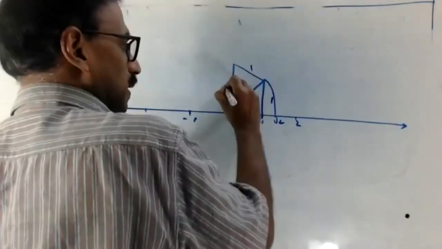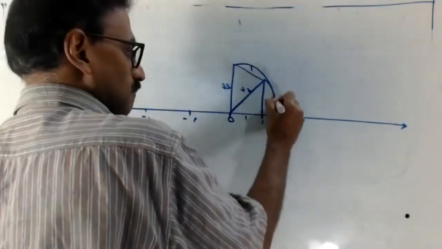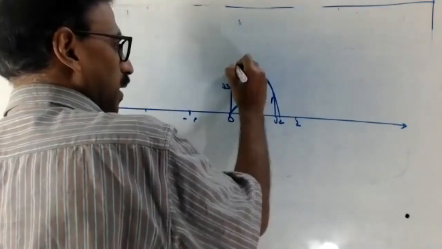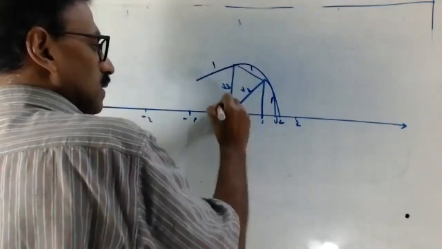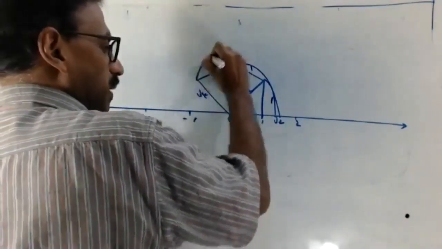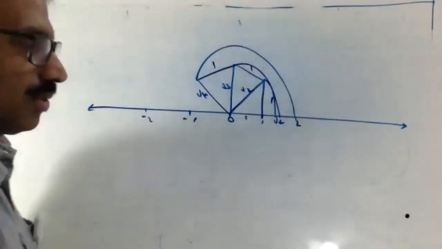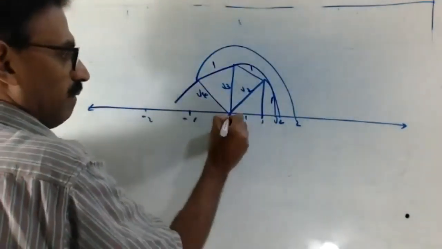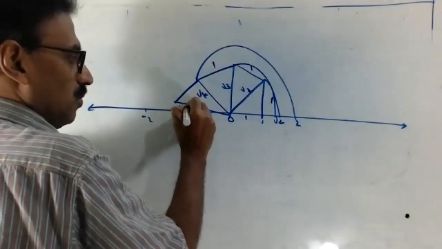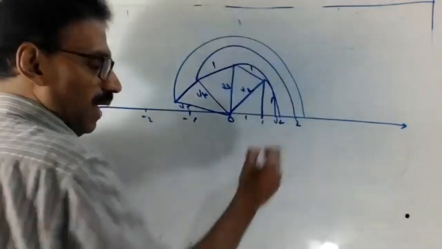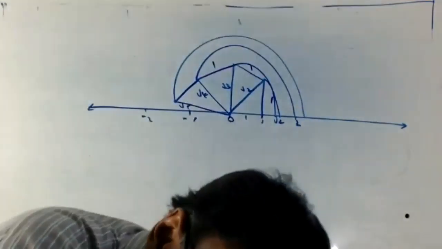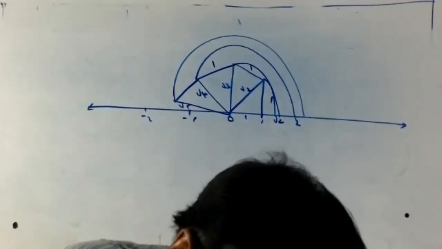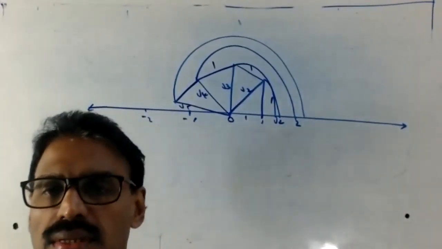This is root 3. Again 1. This is root of 4. It comes exactly touching 2. If not touching, something is wrong. Then again 1. This is root of 5. It comes like this. You have to draw as much as possible. Draw and send me. The best one we will select.